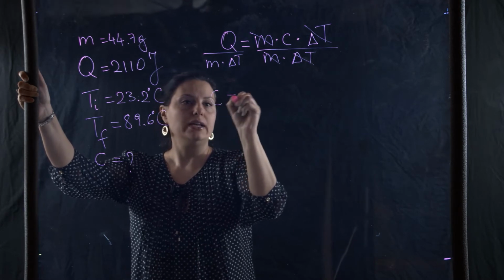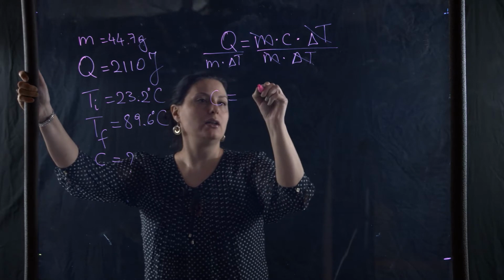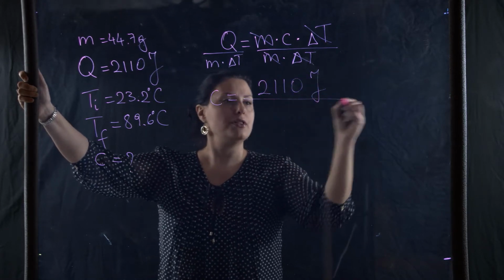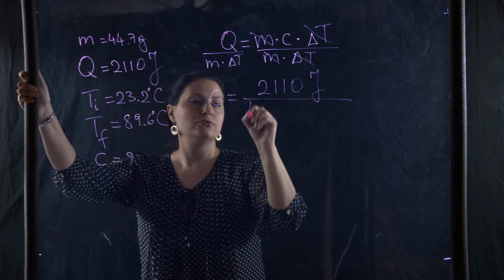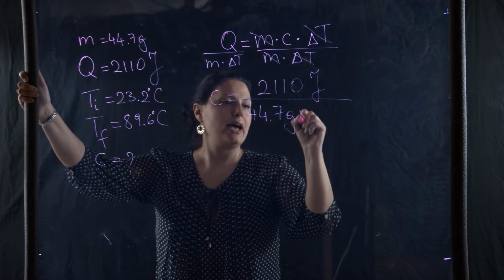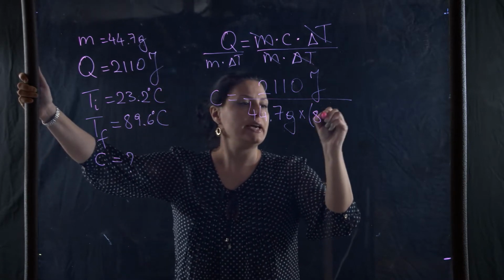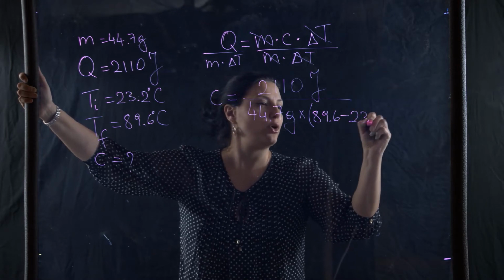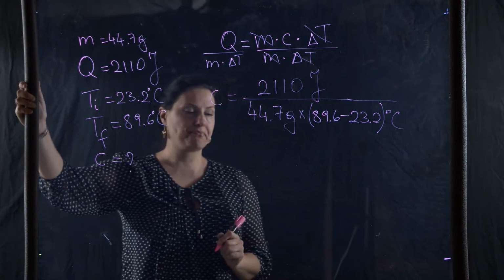Now I can go in and plug what I know. So c is equal to Q, which is 2,110 joules. Use the units. They help. The mass is equal to 44.7 grams times final temperature minus initial temperature, 89.6 minus 23.2, and that's in degrees Celsius.